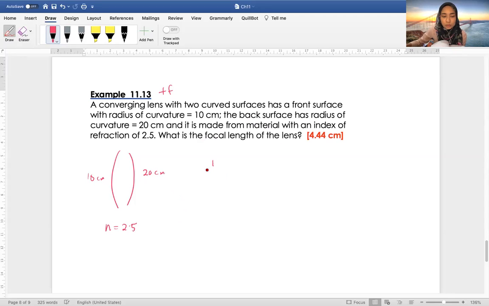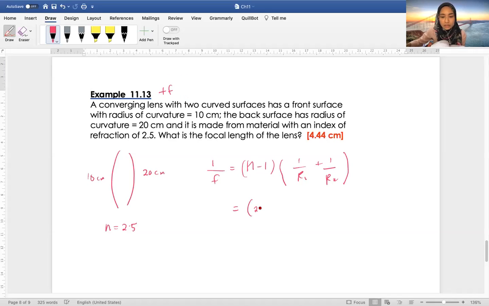So kita ada lens maker equation. It's n minus 1, 1 over R1 plus 1 over R2. So how should we use this? We know that our focal point is positive.